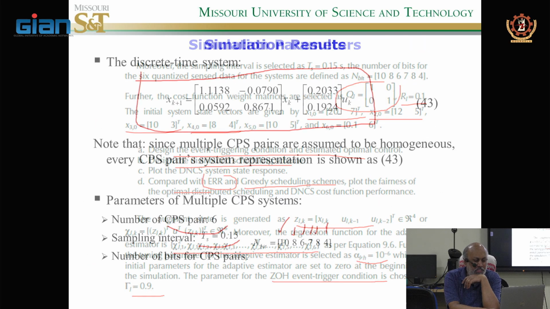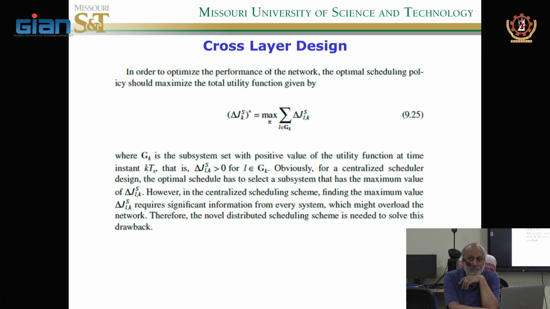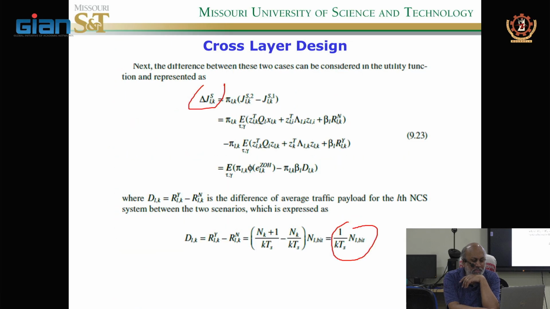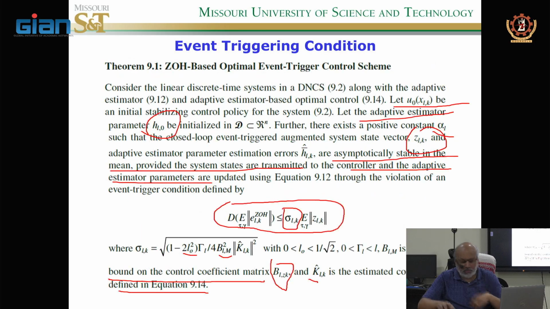So you see that how you derive the event trigger condition is through Lyapunov. You see what I'm saying? Through Lyapunov stability. If you remember, this is where you are defining the sigma Lk, and sigma Lk is a function of the system dynamics and the optimal gain.